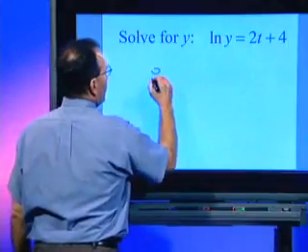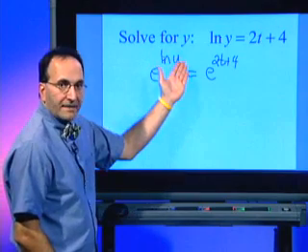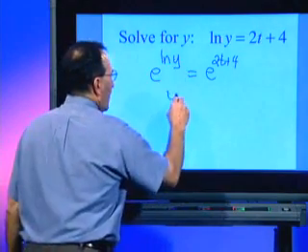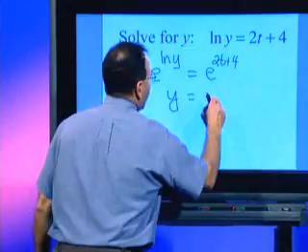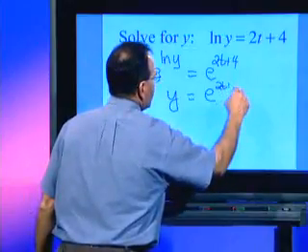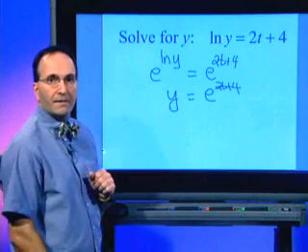In other words, we're going to write e to the log of y equals e raised to the 2t + 4. And so when you raise e to the natural log of y like this, what you'll get is just y, because it's a function composed with its inverse. On the other side, we have e raised to the 2t + 4. And so that gives us the value of y.